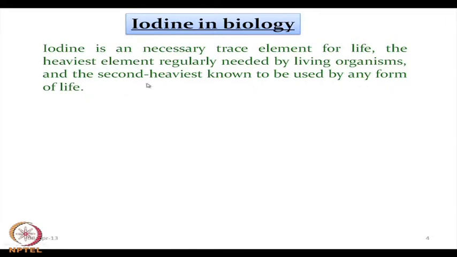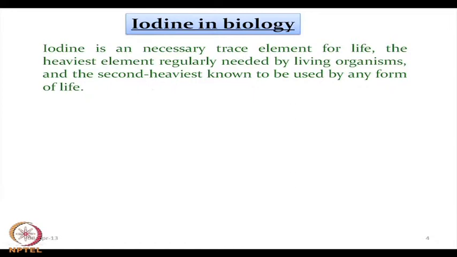So, tungsten was the heaviest one, and after tungsten we have the elemental composition for all these biologically important molecules due to iodine. So, in terms of the atomic weight, we consider it is the second heaviest element which can contribute towards some biological reaction and which can be used by any form of life. So, human beings are also dependent on the corresponding iodine concentration.